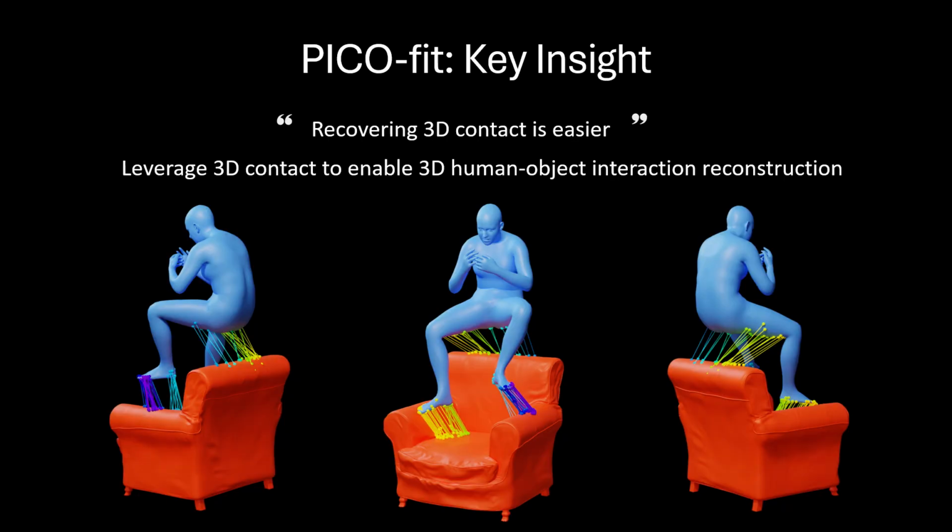Second, we leverage the PICO-DB dataset for building PICO-Fit, an optimization-based method that fits 3-dimensional body and object meshes to an image, guided by rich contact constraints. Our key insight is to leverage 3D contact on the human, which is easier to estimate, as a key to query the corresponding object contact from PICO-DB.